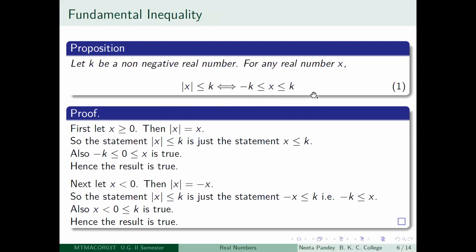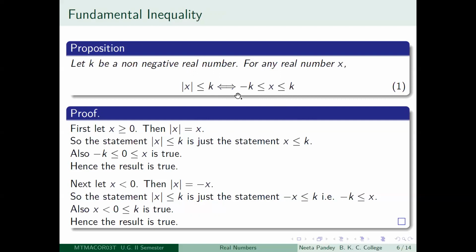Right now we don't have many tools in our armory. So what we will do is use the definition of mod x. So case by case we will have to prove this result. So first of all, assume that x is greater than or equal to 0. Then what is mod x? Mod x is just x. So mod x less than or equal to k is just the statement x less than or equal to k.